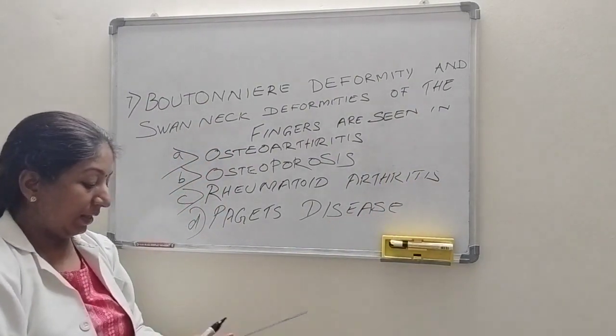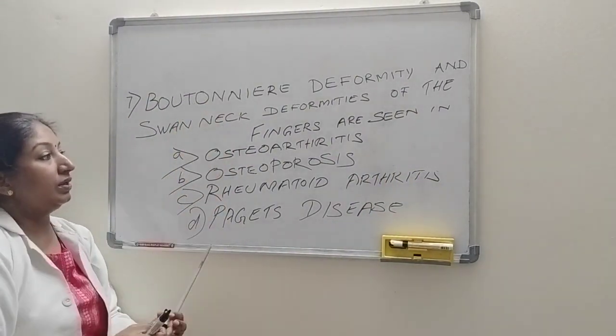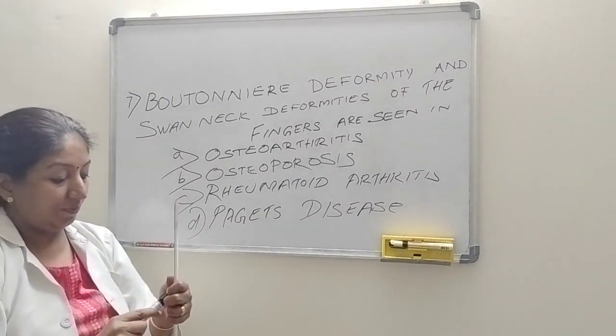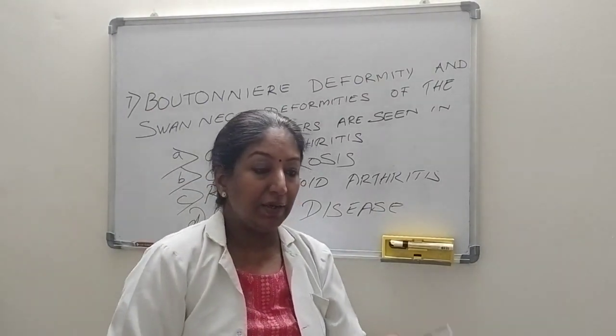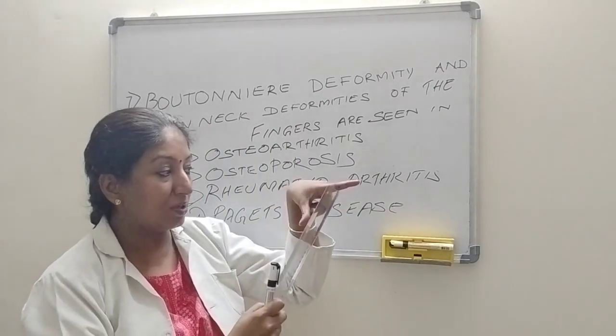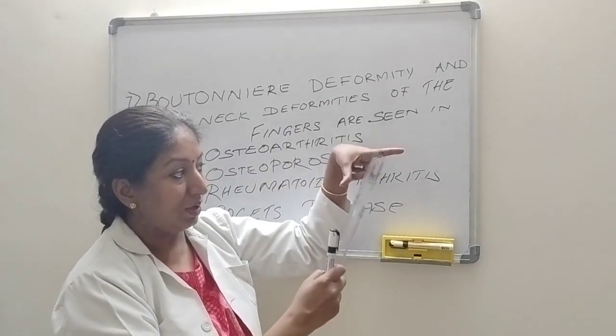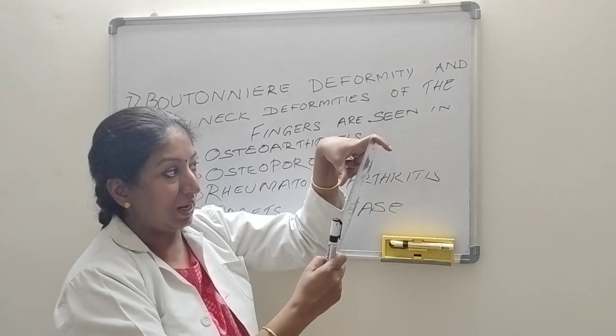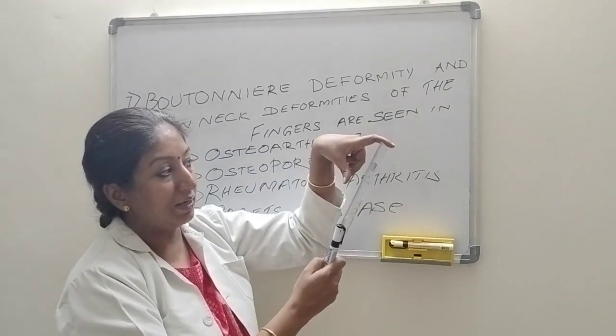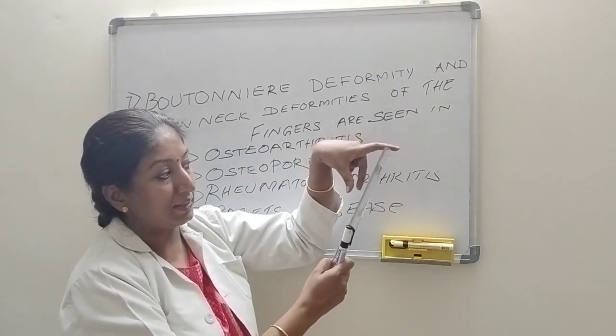I'll repeat once again. What's Buchner deformity and what's Swan deformity? Buchner deformity is that the proximal interphalangeal joint is flexed and the distal interphalangeal joint is hyperextended.